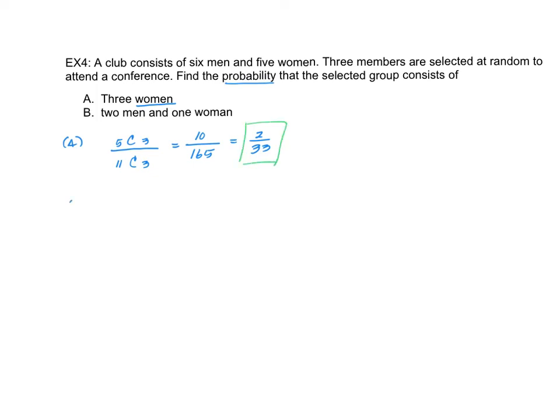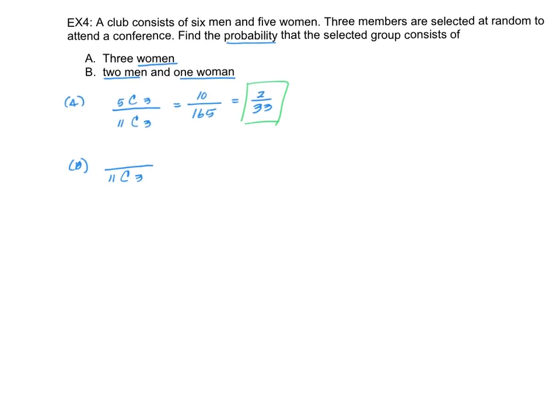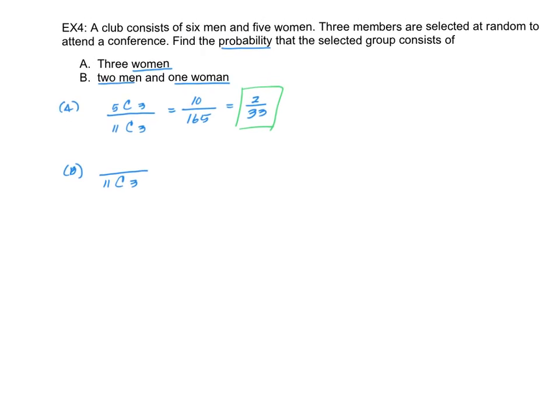Let's try one more. We want to find the probability of choosing 2 men, 1 woman. So again, it's a probability. In the bottom, it's all ways we can choose 3 out of the 11. So the denominator is still 11C3. But in the top, we have to be careful because we have to look at how many ways we can choose 2 men and how many ways we can choose 1 woman.